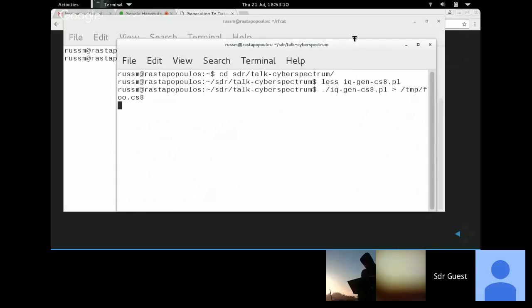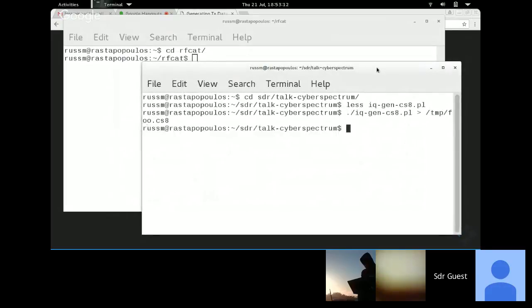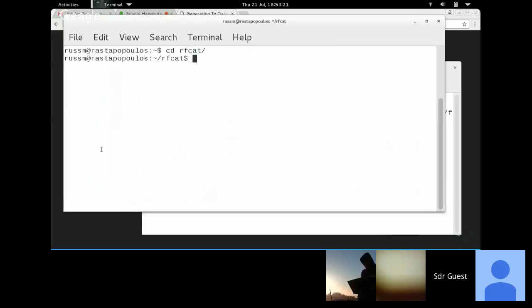So just generate a file that contains that, and I'm receiving with RFCAT, which is a little thing that has a lot of digital reception, both transmission and reception built into it, which also helps to avoid dealing with GNU Radio.